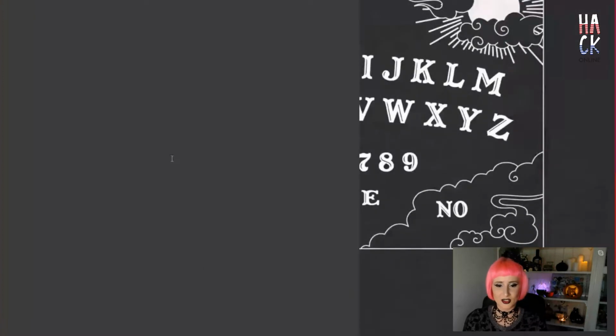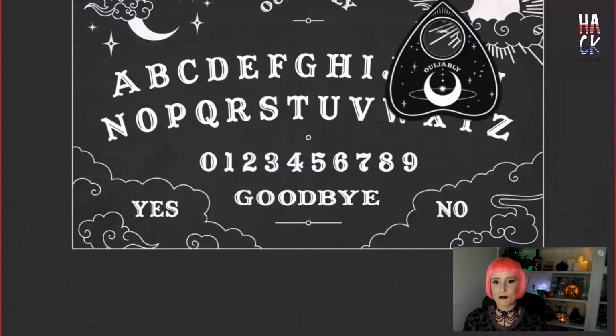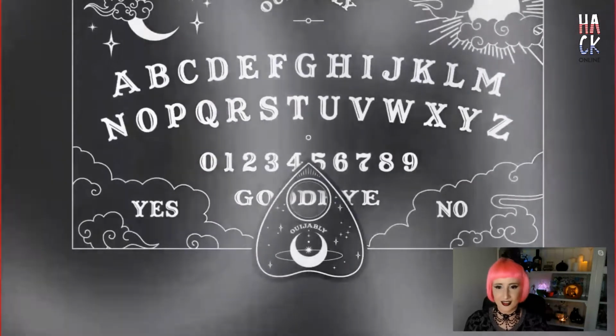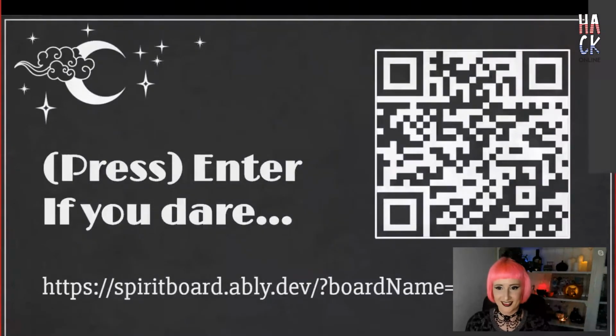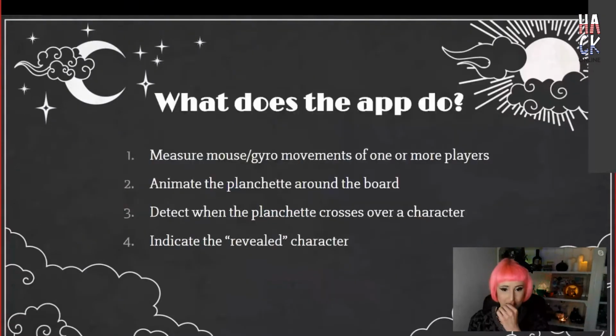And if no one has a question for the ghost in the machine today, maybe it's time that we move on and talk about how we actually build this thing. So we need the web app to do a few different things. You should have seen there that we are measuring the mouse/gyro movements for one or more players.